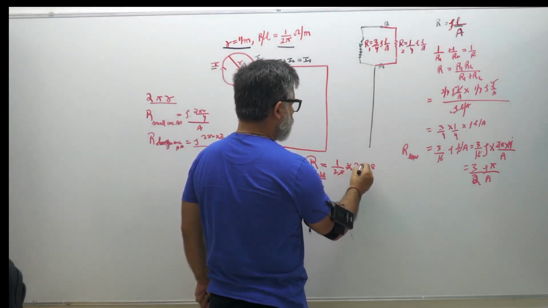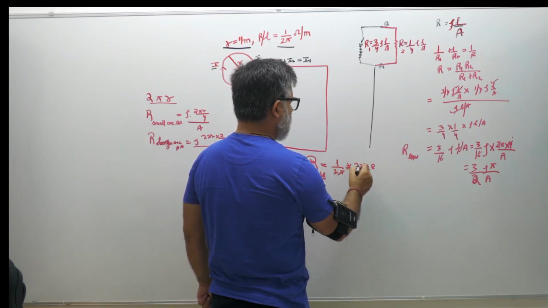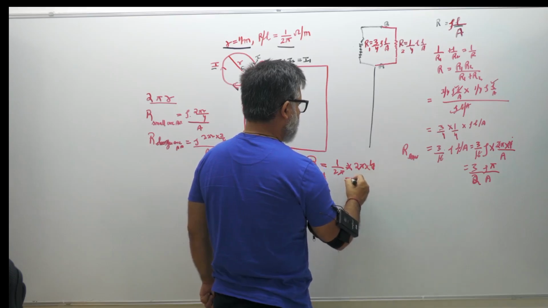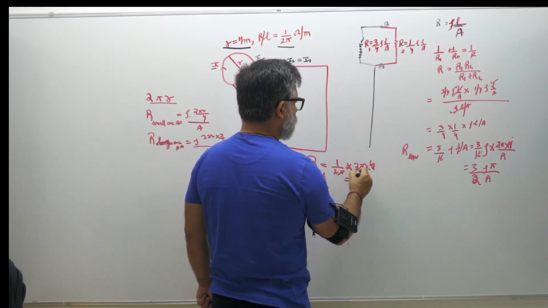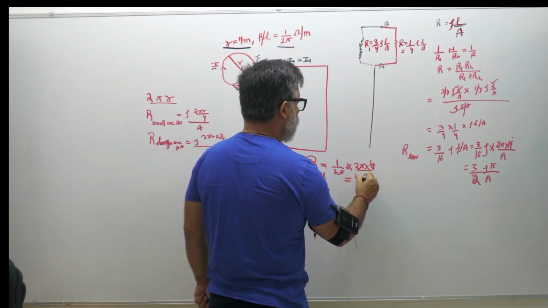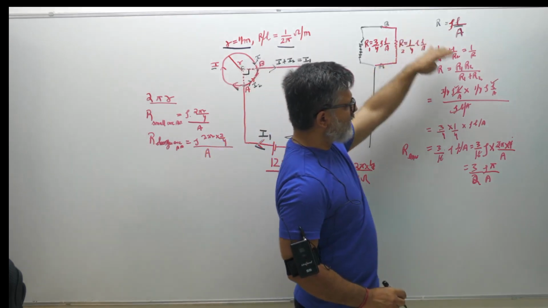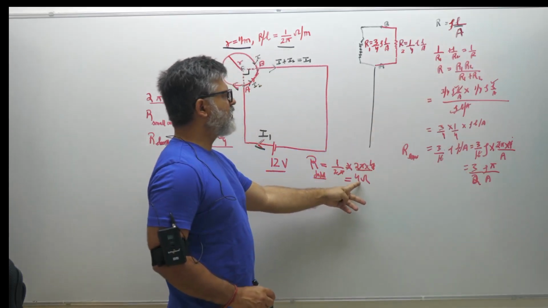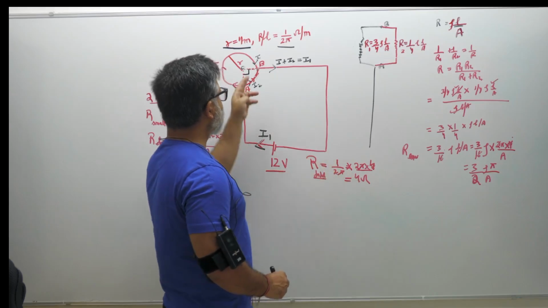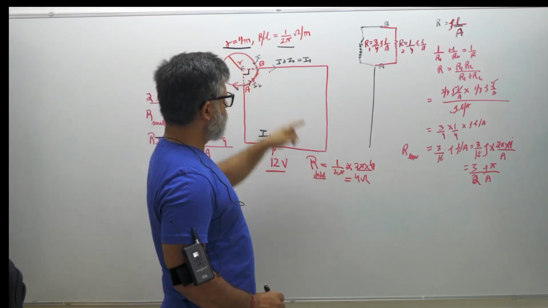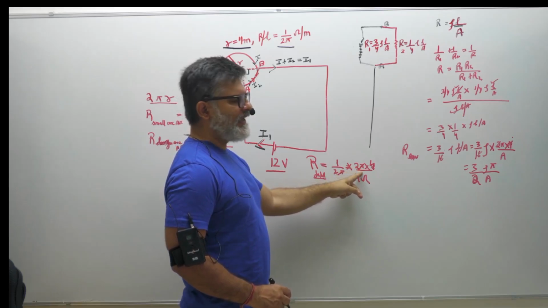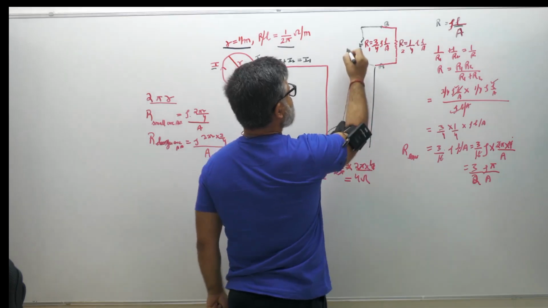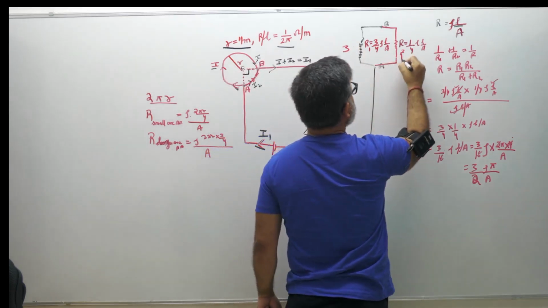So 2 pi goes away, and the total circumference 2 pi r, so 1 by 2 pi into the total length is 4 ohms. I did this to show you the calculation had there been no values, but we know the value, the total resistance is 1 by 2 pi into the total length, and we know the ratio is 3:1. So this is 3 ohms and this is 1 ohm.